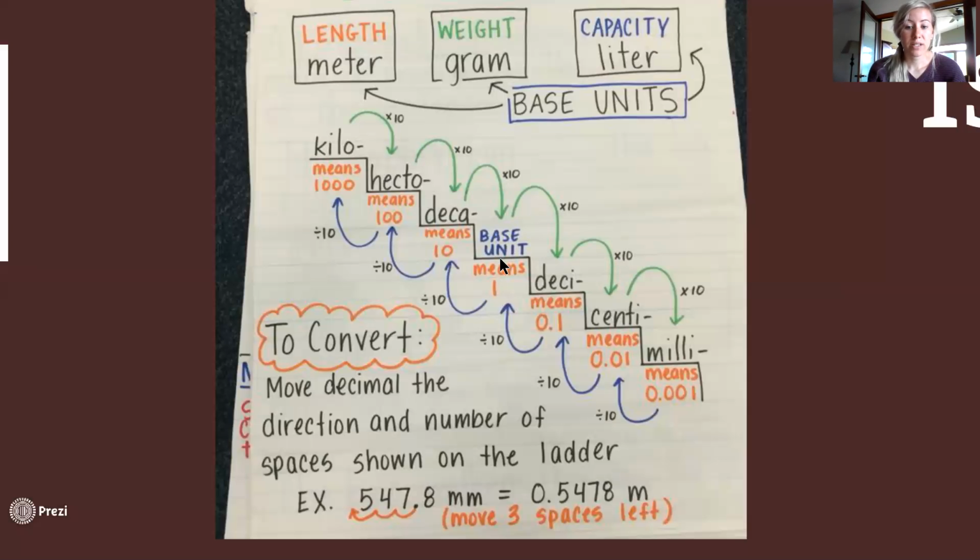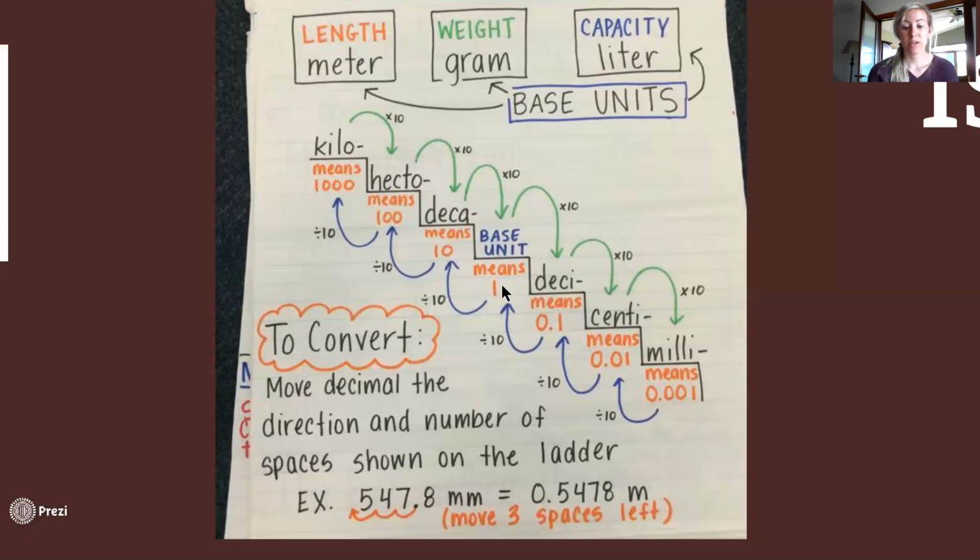Now, the same works with this ladder if I move to the left. So I can start here with millimeters and move 1, 2, 3 spaces to the left and end on meters.